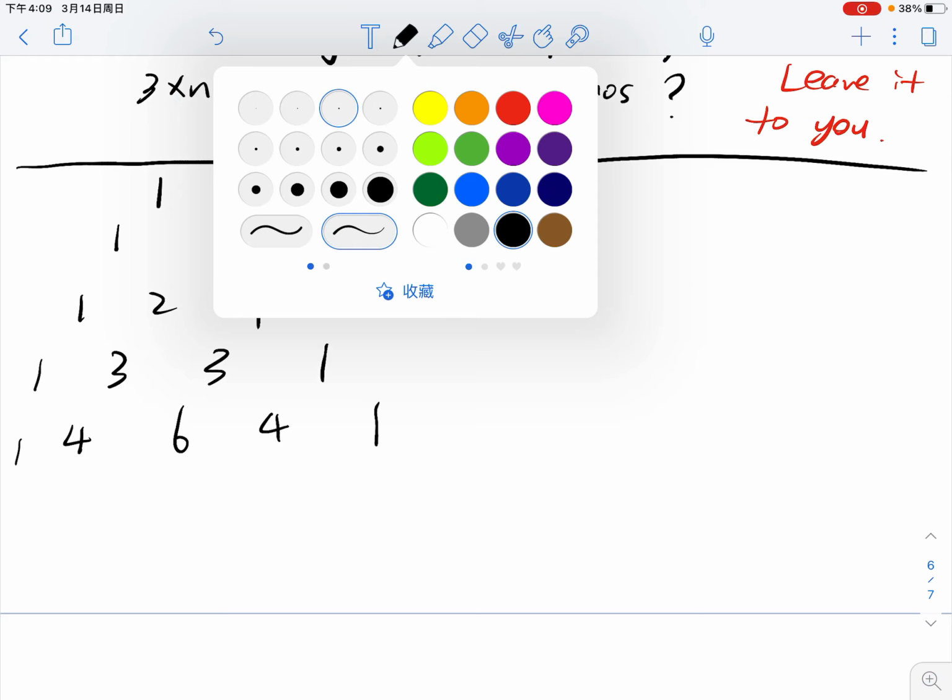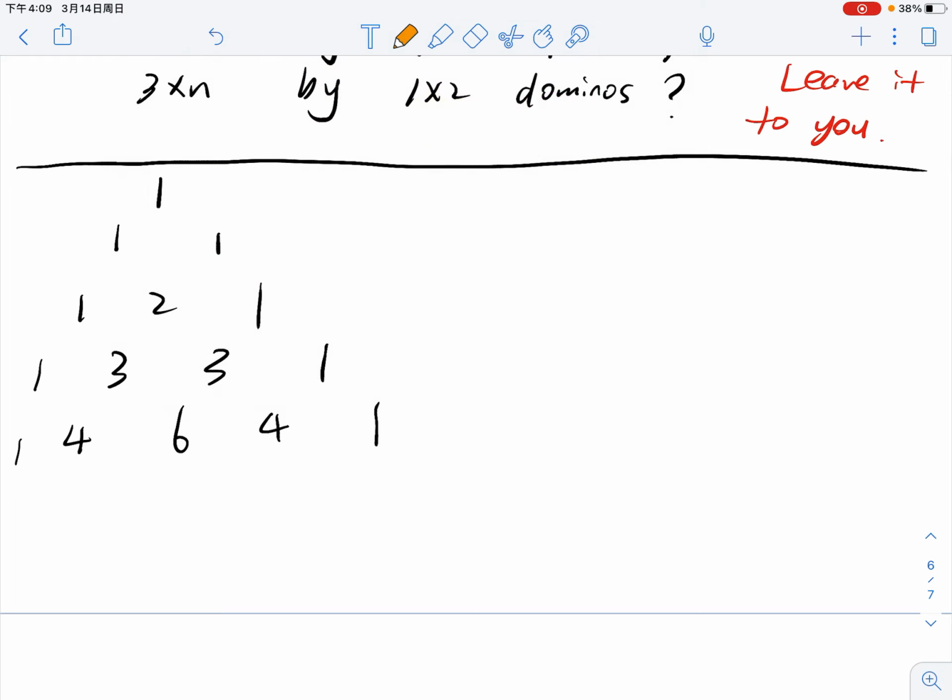Okay, now you draw lines, the skew lines which intersect the horizontal line with a 30 degree angle. Then what do you have? Then you have this kind of lines.